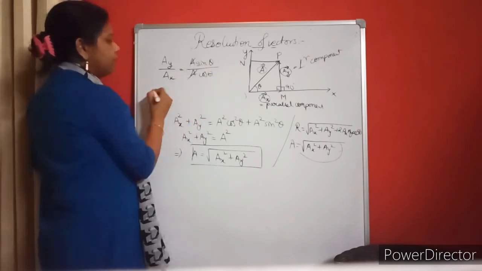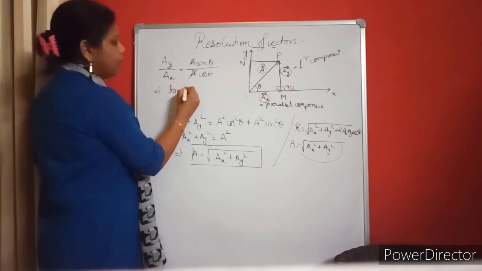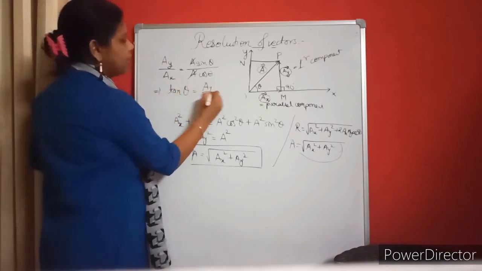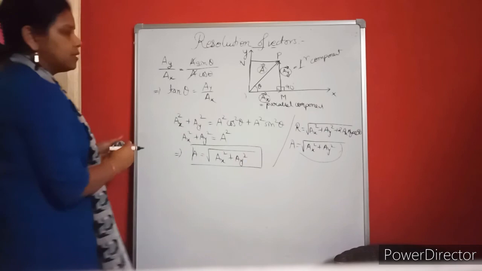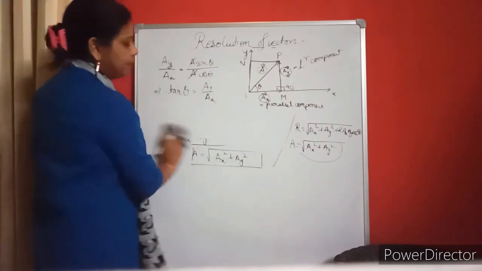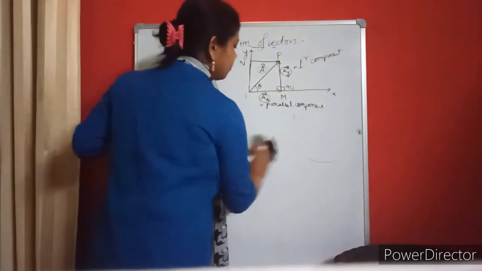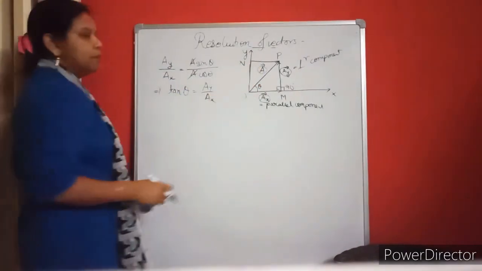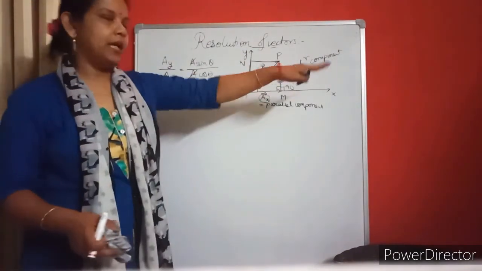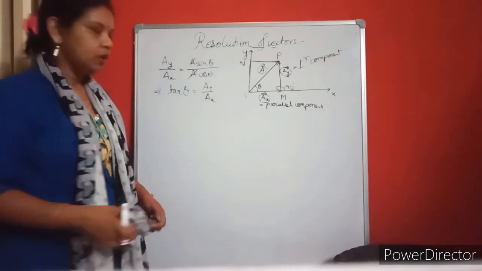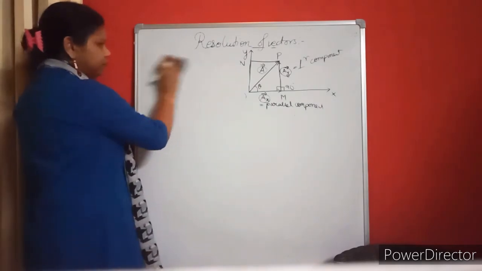A will cancel out. So tan of theta will become AY by AX. So this is the angle made by the resultant, means made by the OP with AX. I think all of you have understood.